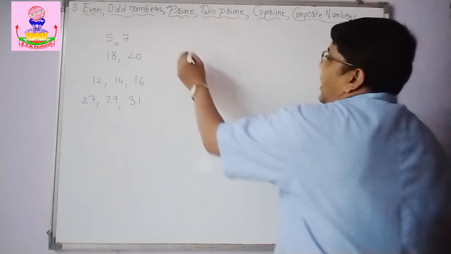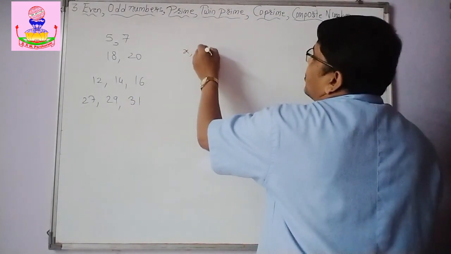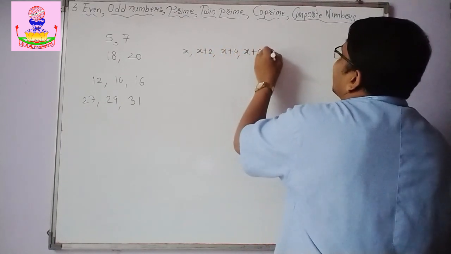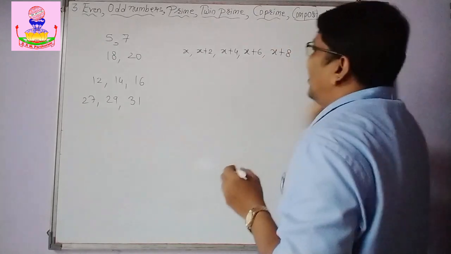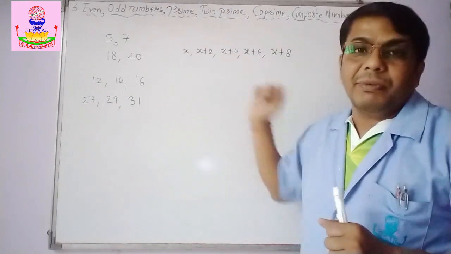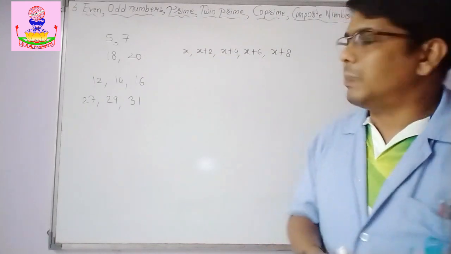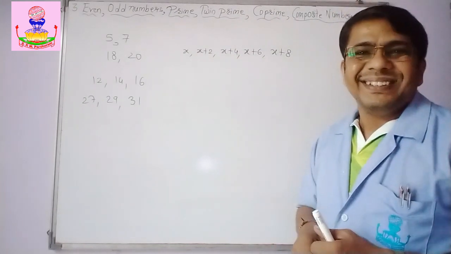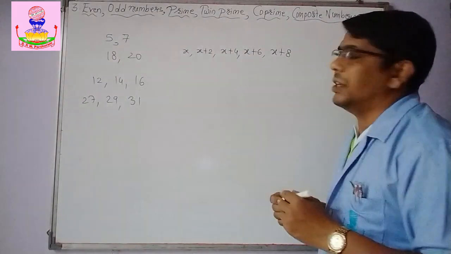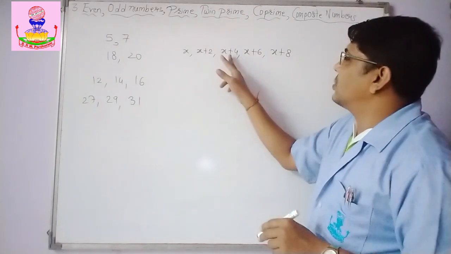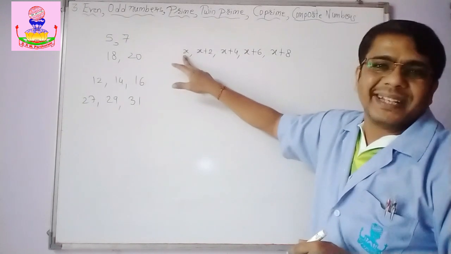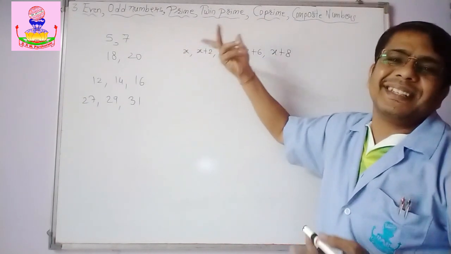Suppose we have x, x plus 2, x plus 4, x plus 6, x plus 8 and so on. These can be even numbers or odd numbers. Suppose they are odd numbers. If I have 4 consecutive odd numbers, x, x plus 2, x plus 4, x plus 6, the greatest is x plus 6, the smallest is x, and the difference is 6.